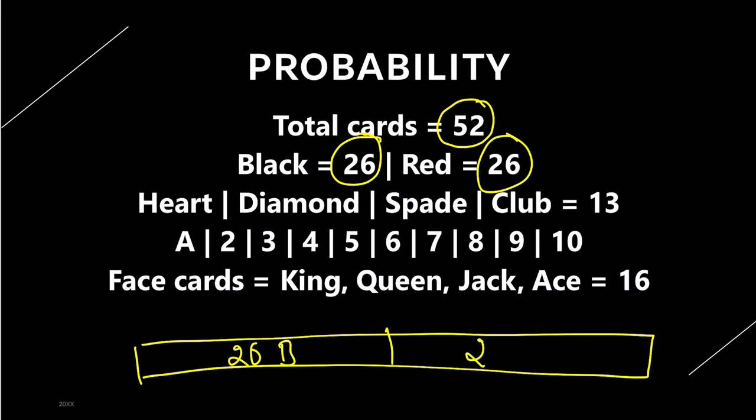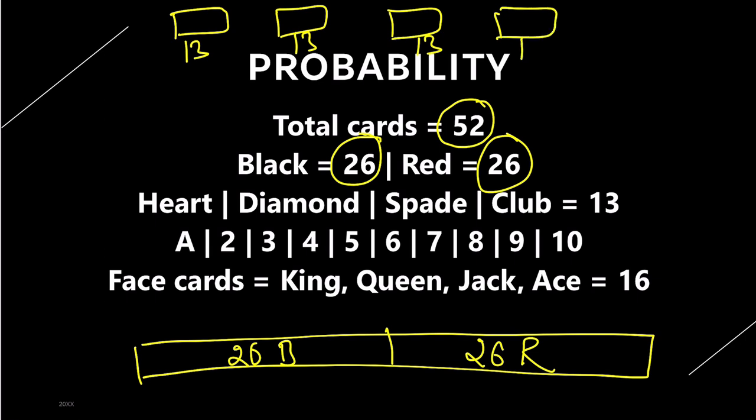And all these are divided into four sections, meaning 13 cards each: 13 are hearts, 13 are diamonds, 13 are spades, and 13 are clubs.